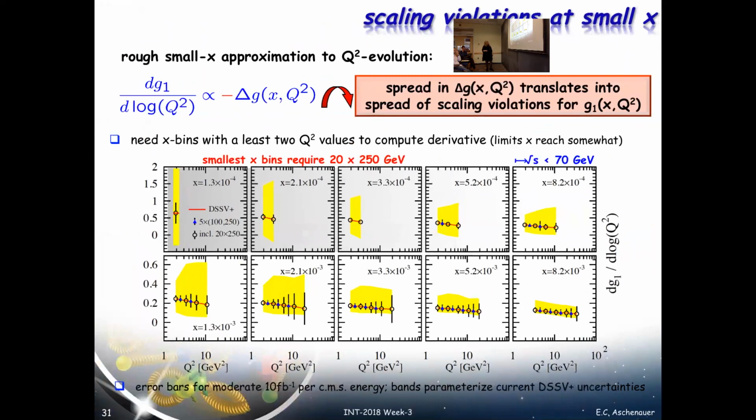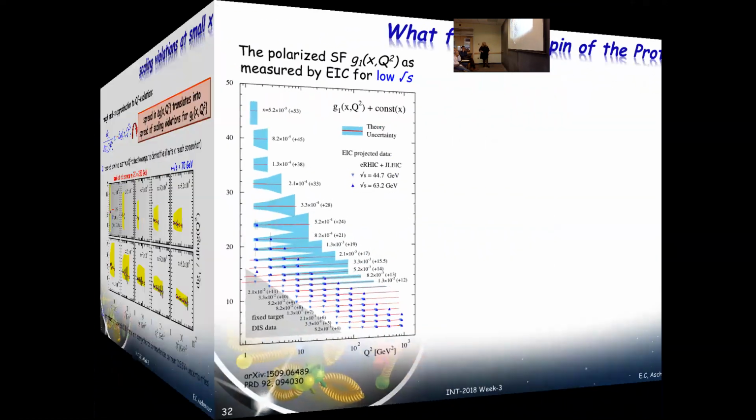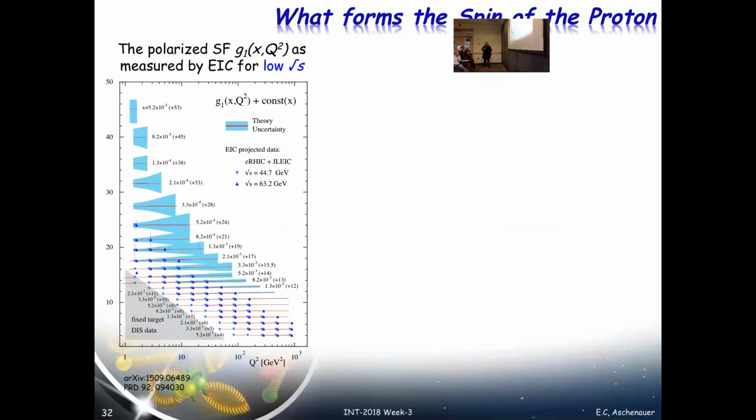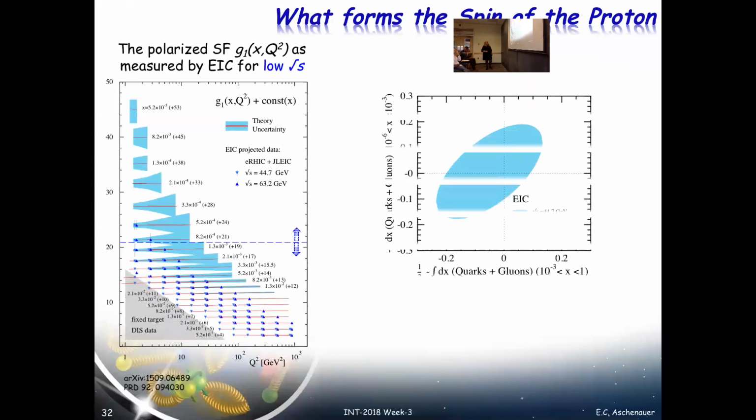And if you have a square root s of 70 and smaller, then you would only access here. Okay, so then we have also looked at how well we can constrain the sum rule. So here, that is 1/2 minus the quarks and the gluons if I stay in this region 10 to the minus 3 to 1.